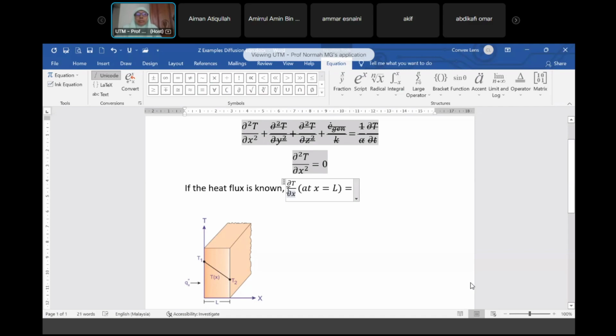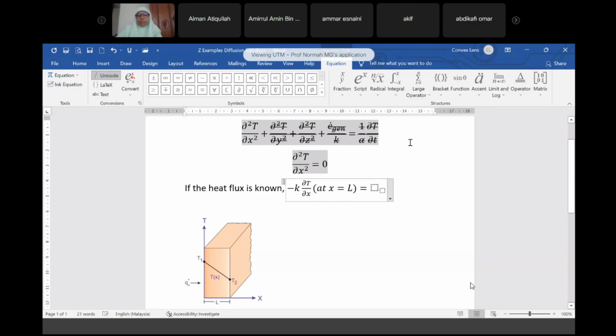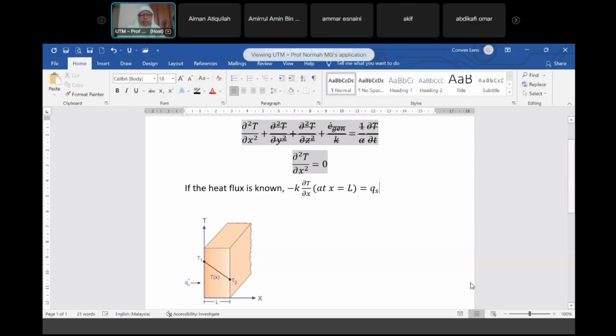But don't forget it is minus k dT/dx equal to some known value, Qs.